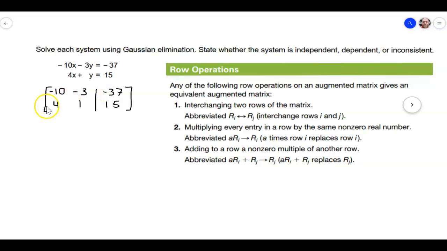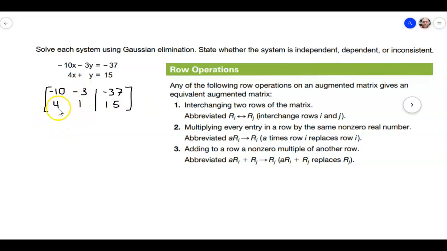And when it's in augmented form here, I have a goal. My goal is that I want this value here to be a 1 in the upper left corner, and this value here to be a 0. Because if this is a 1 and this is a 0, and I were to put this back into regular form, that would be 1 times x plus 0 times y. So that would just give me x is equal to some value over here, and that's basically solving for x. I want to do the same thing for the y's.